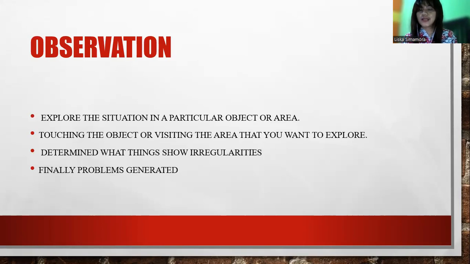So observation is we have to explore the situation in a particular object or particular area, because the problem can be obtained through object or through the areas. So if we want to observe the problem in object, it means that we have to see and touch that particular object.